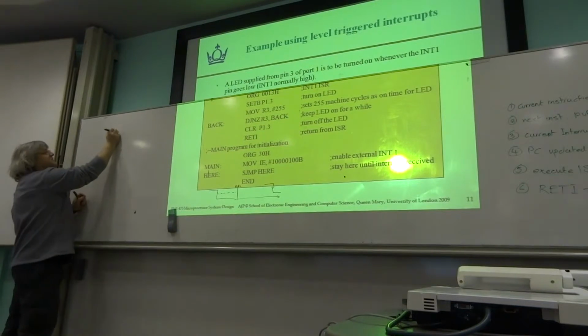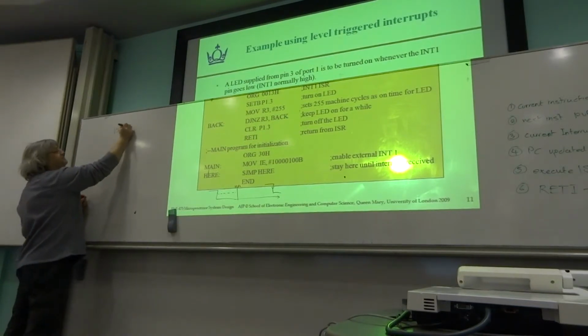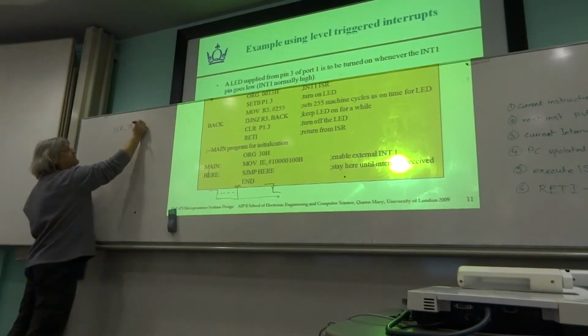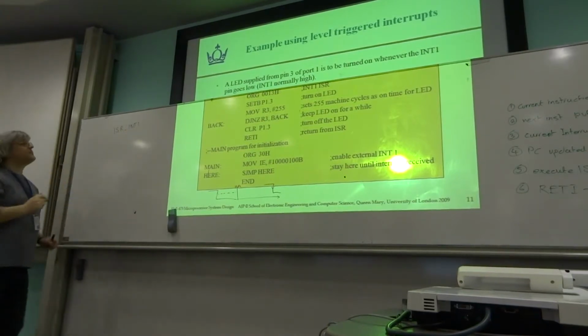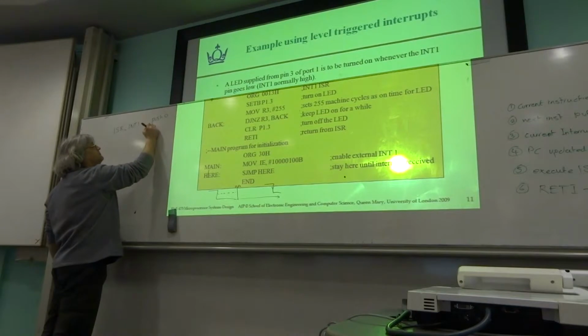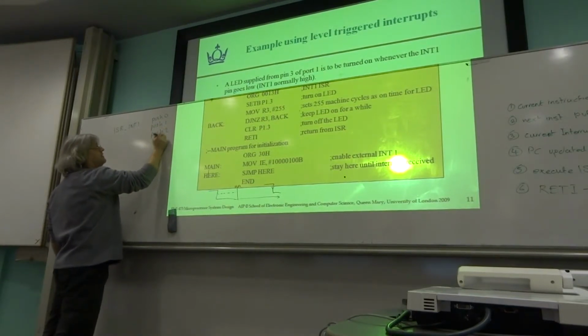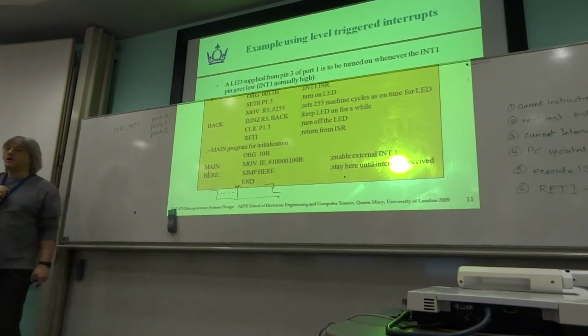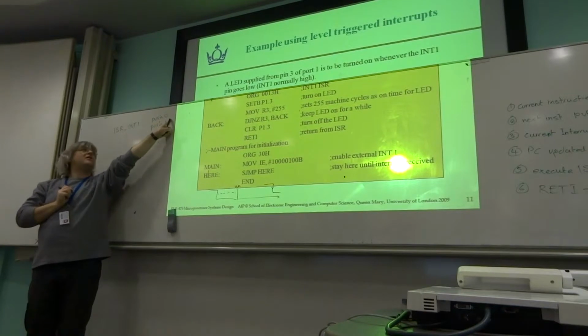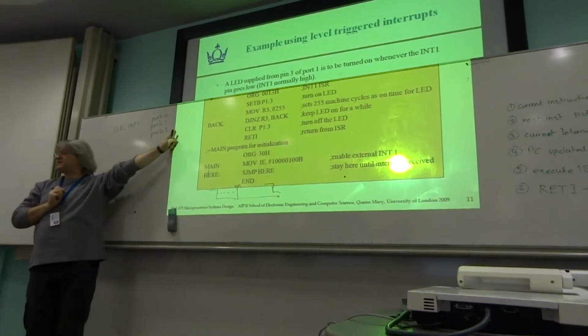This is the start of our interrupt service routine, let's say it's to do with int1. What you might do is copy what is in R0 onto the stack, R1 onto the stack, R2 onto the stack, etc.